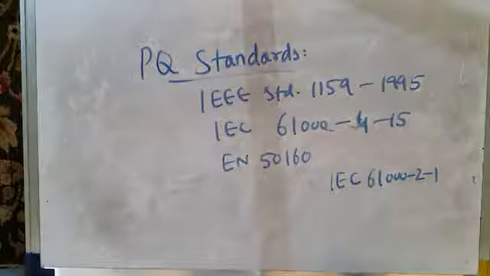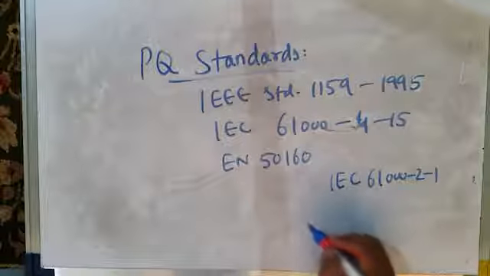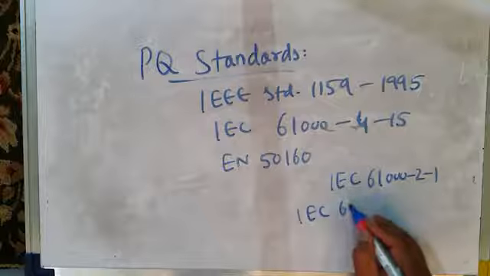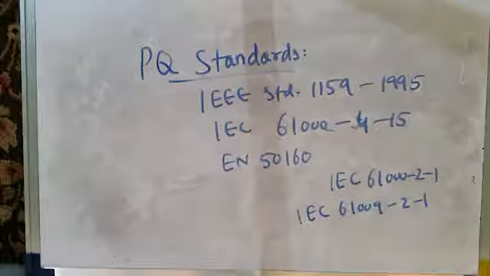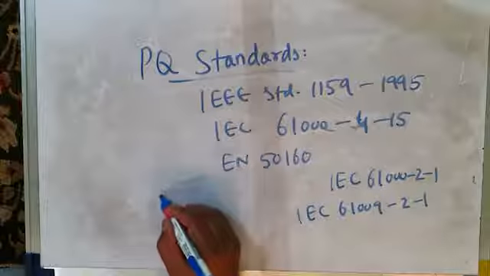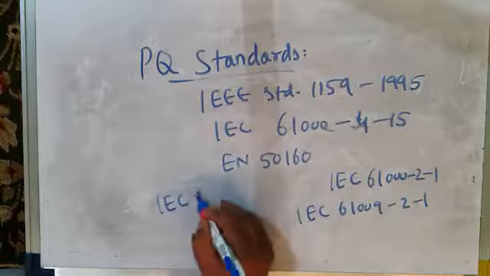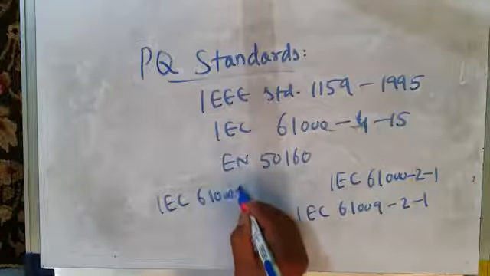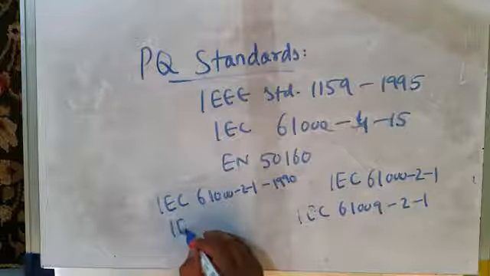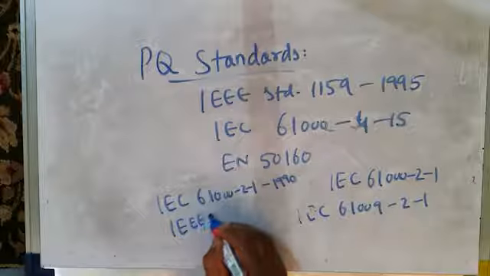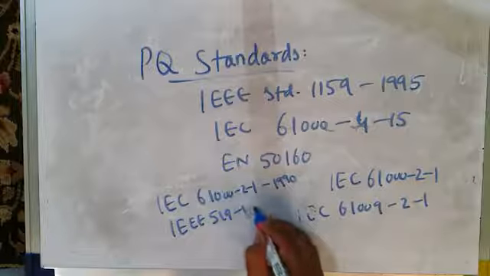It quantifies those transients. Similarly, there is IEC 61009-2-1. It is regarding voltage sags and voltage swells and interruptions. And regarding the harmonics, there are various standards like IEC 61000-2-1 1990, and a very famous IEEE standard is IEEE standard 519 1992.